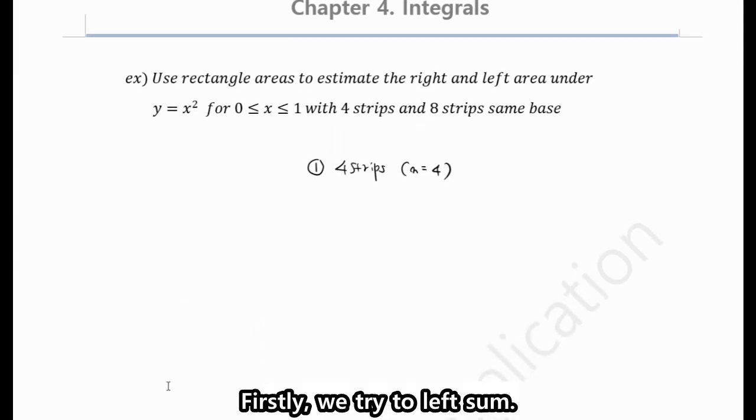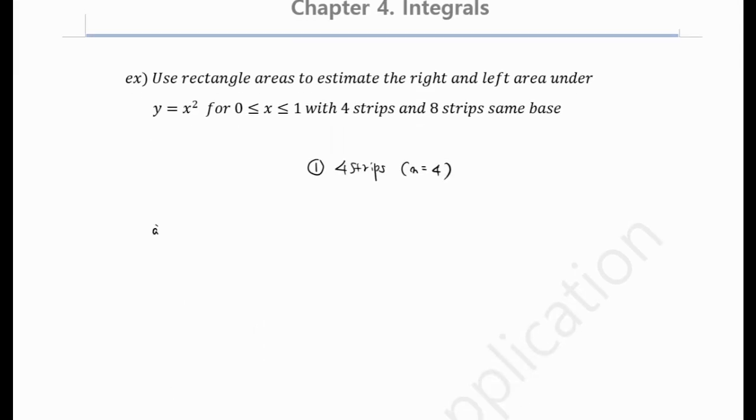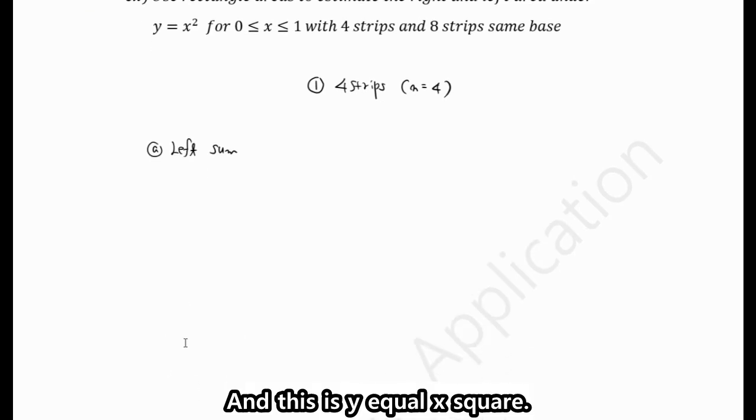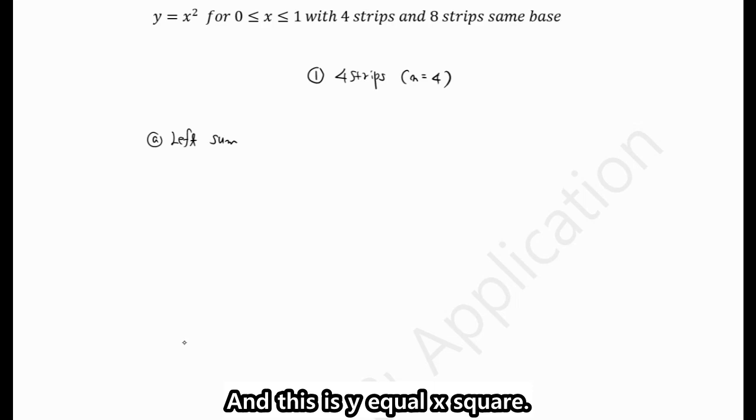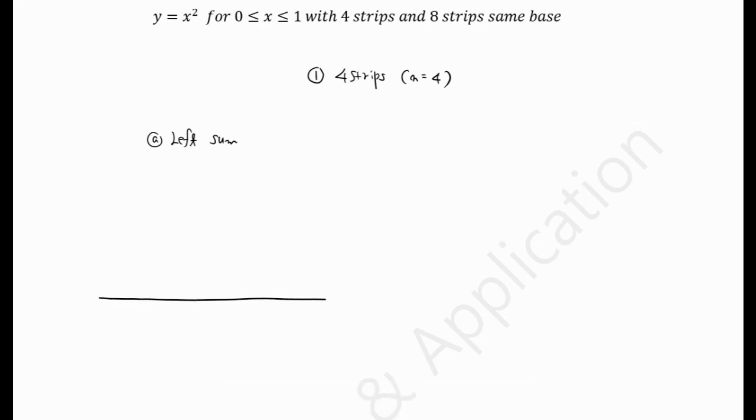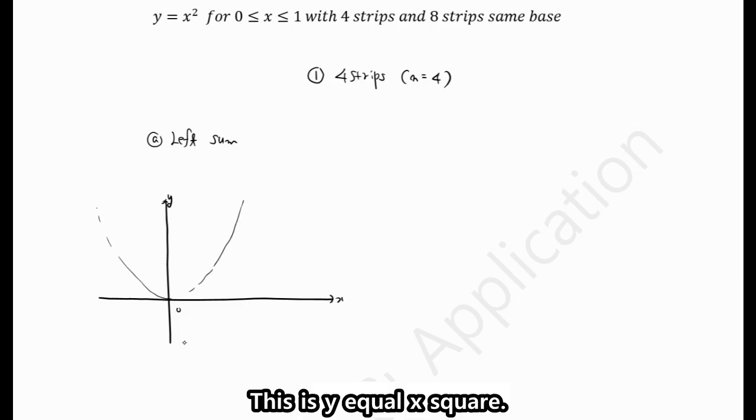First, we try the left sum. This is x and this is y. So this is y equal x squared, and this is 1 and this is 1.